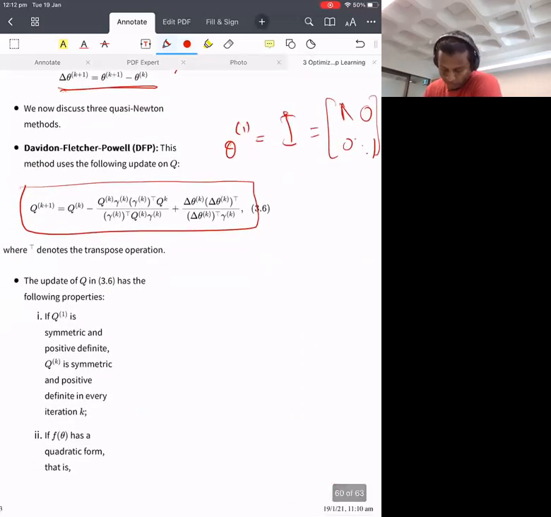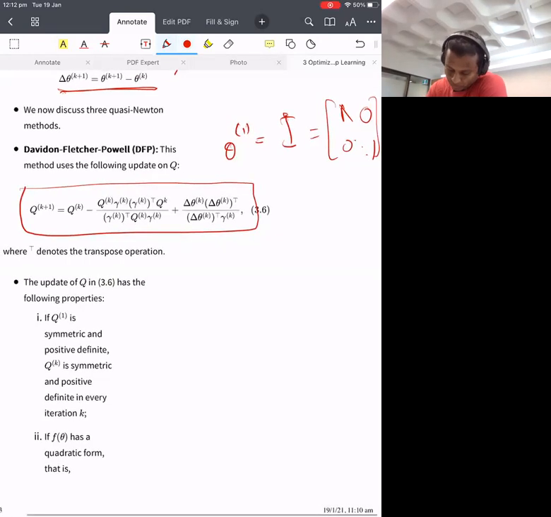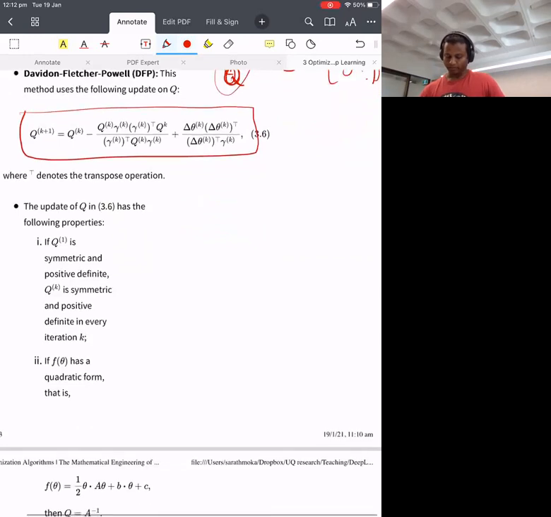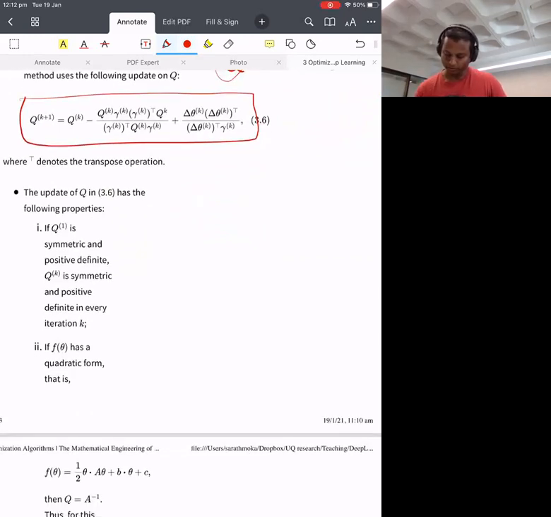So you can quickly check that this is in fact symmetric and positive definite. If you start with Q1 being like this, or any other symmetric positive definite matrix, then you continue to be symmetric and positive definite. That can be checked easily using this formula or this update.